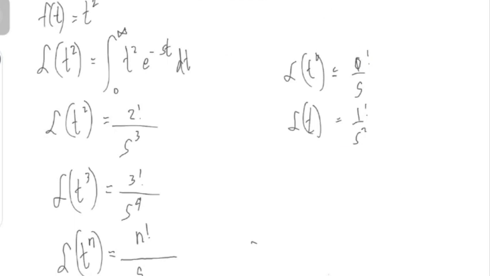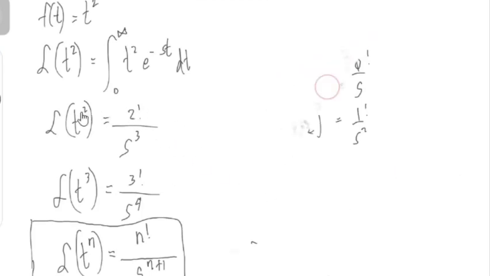N plus 1 po, sir. N plus 1. Tama. Ito na lang tandaan niyo: the Laplace transform of t to the n is simply n factorial divided by s to the n plus 1.